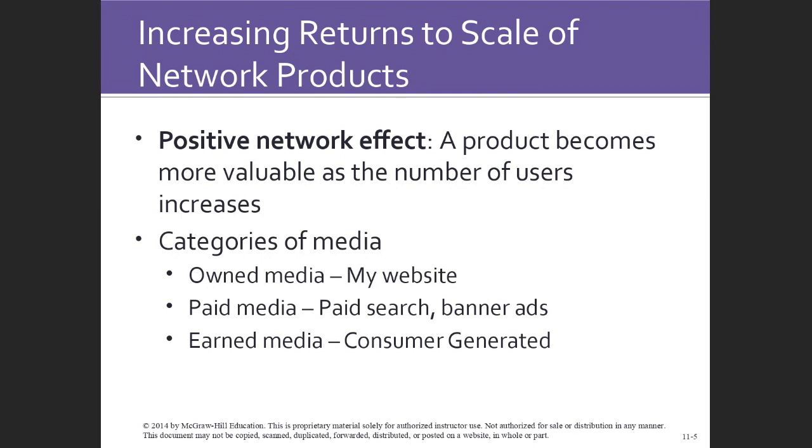Paid media is, if I'm using Google AdWords and I buy words and phrases, then when people search, my ad will appear, hopefully at the top or close to it if I'm paying for it. Banner ads that scroll across your screen.